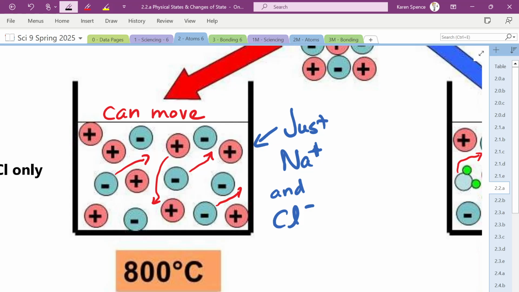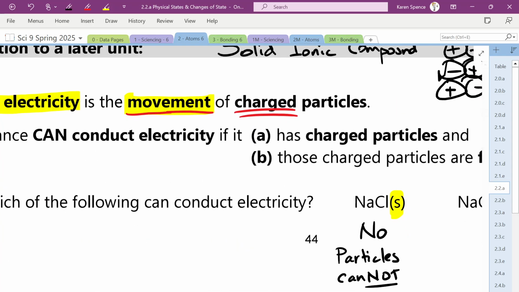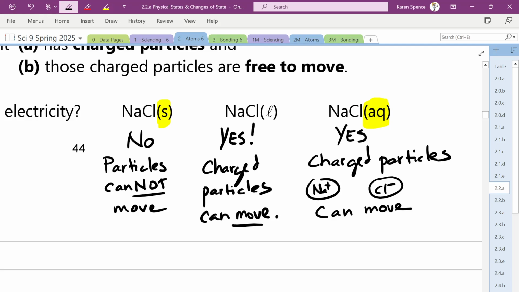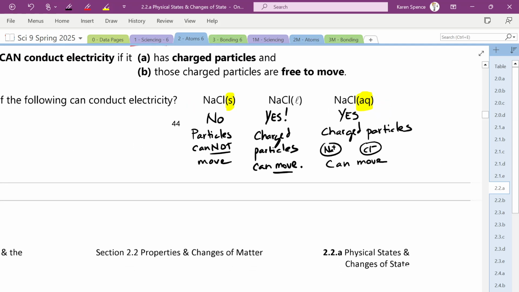Tell your partner. Yes, we have charged particles and they can move. Okay. Excellent.